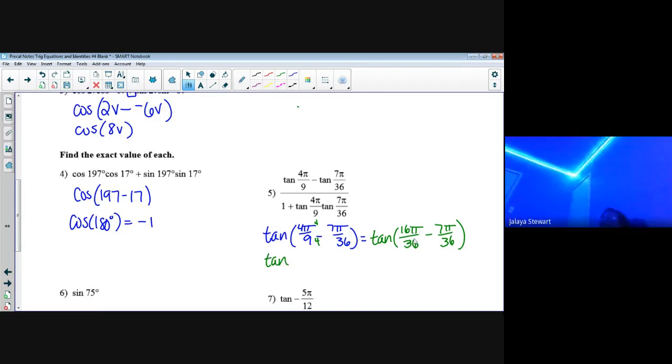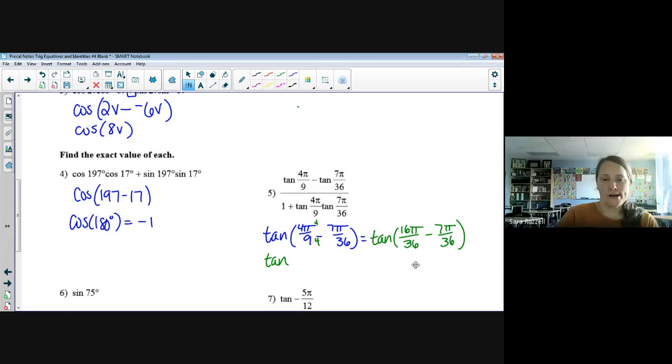Can you slow down? I didn't get to write the problem down. Okay. So go ahead and subtract 16 and 7, and that's going to be 9 pi over 36.